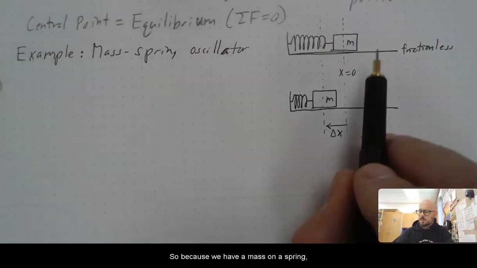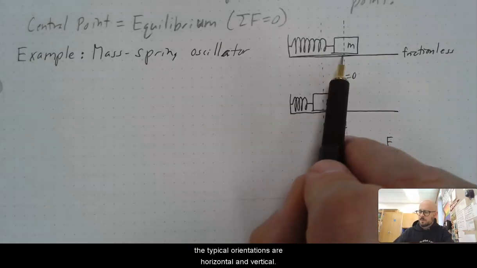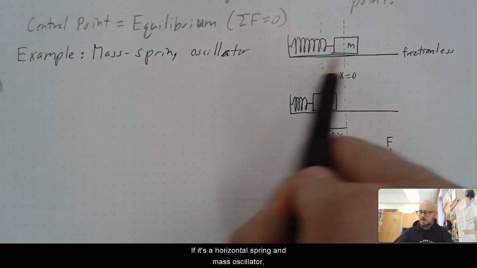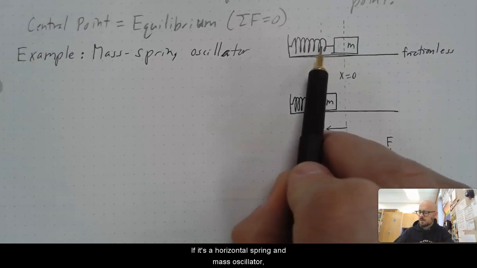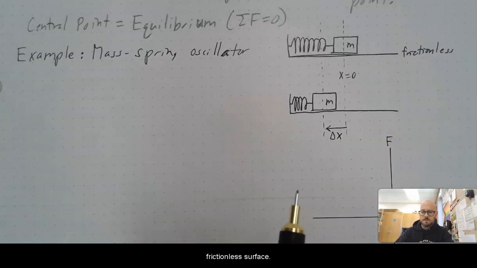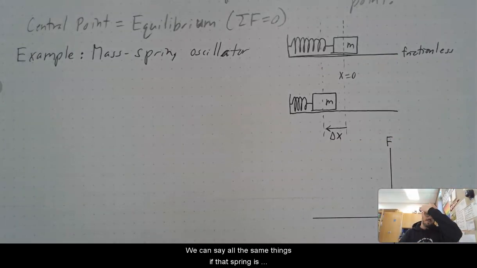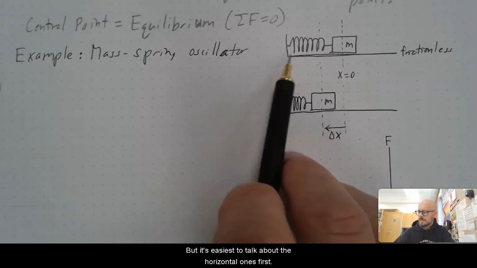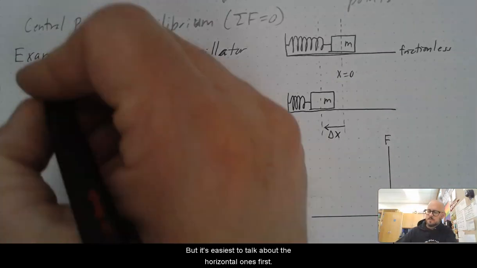So because we have a mass on a spring, the typical orientations are horizontal and vertical. If it's a horizontal spring and mass oscillator, the mass goes back and forth, left and right, along a frictionless surface. We can say all the same things if that spring is hanging from a ceiling or a hook, but it's easiest to talk about the horizontal ones first.